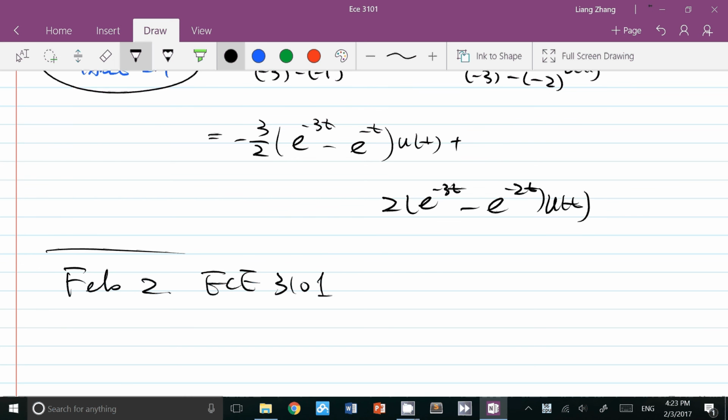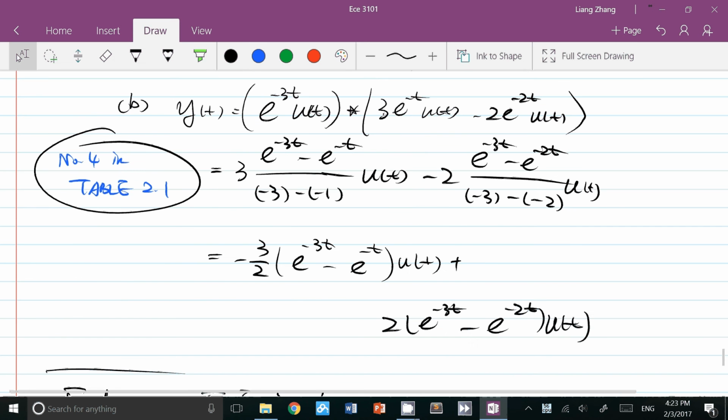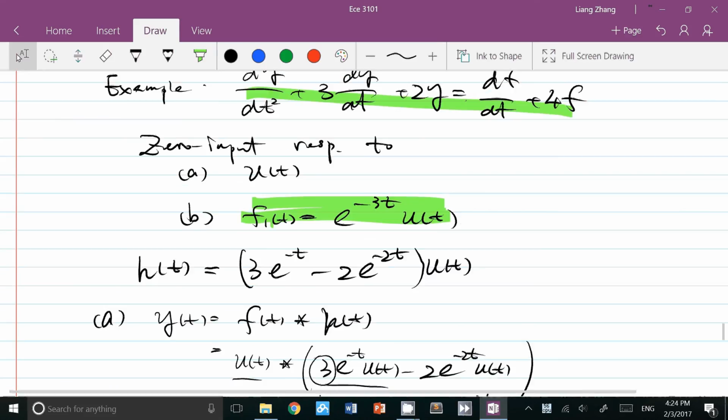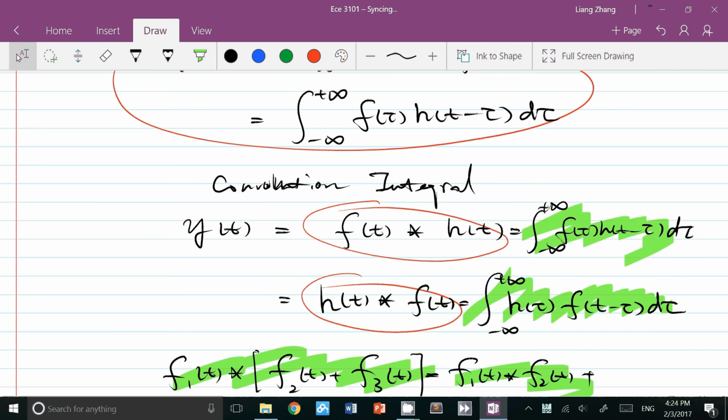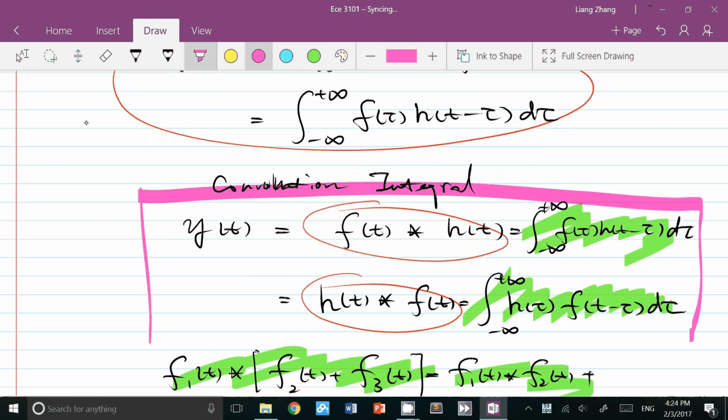Last time we stopped at discussing the convolution integral, which is introduced to calculate the zero-state response of a linear time invariant system. And as I mentioned, the most important part that you will need to remember will be this formula.